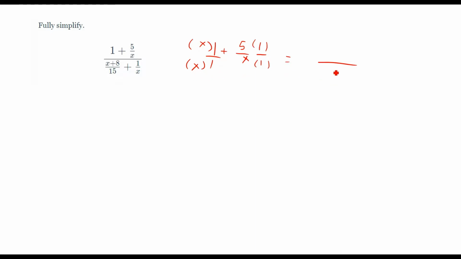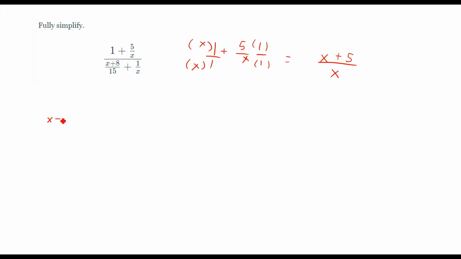The denominator is going to be the same for your result. So x times 1, which is just x. And then on top, we're going to have 1 times x, which is x, plus 5 times 1, which is 5. These are being added, so it's going to be x plus 5 at the top. Now at the bottom, we do the same thing. That denominator over here, we're going to try to match the denominator so that we can add them, and then at the end, we're going to divide those two fractions.